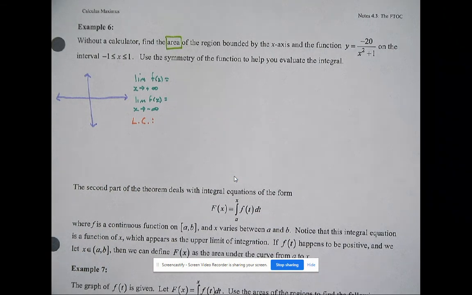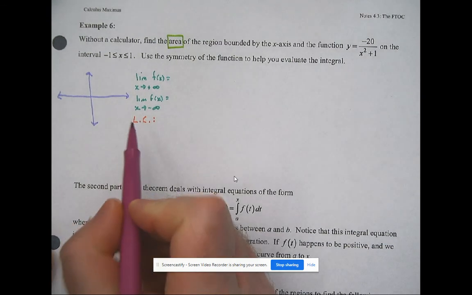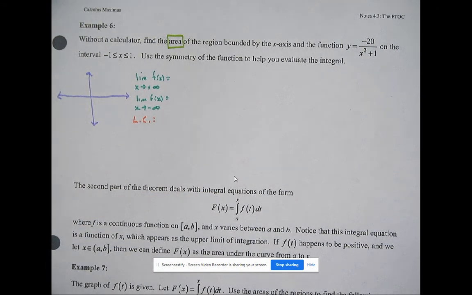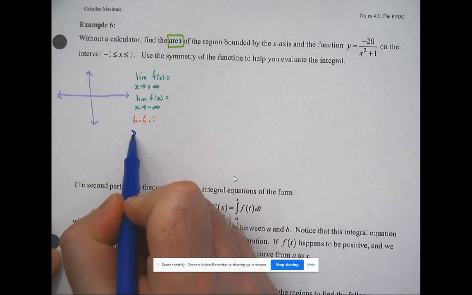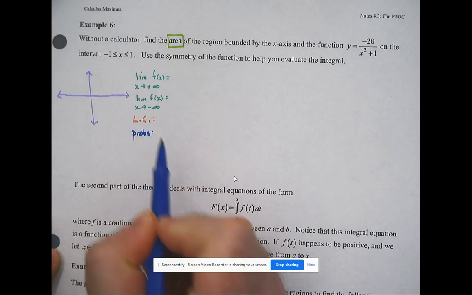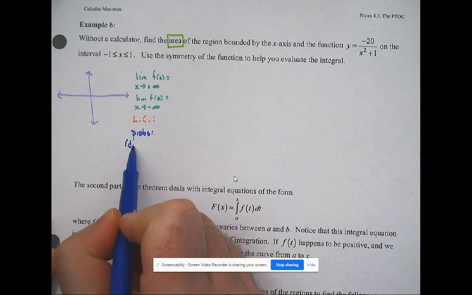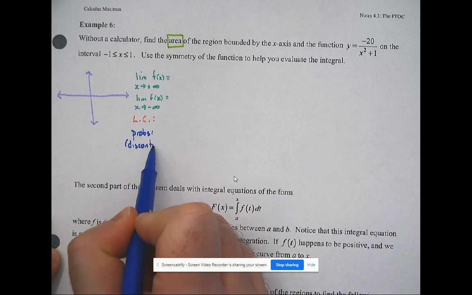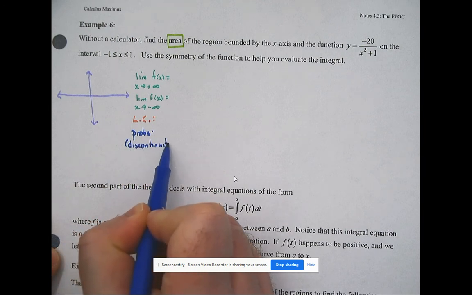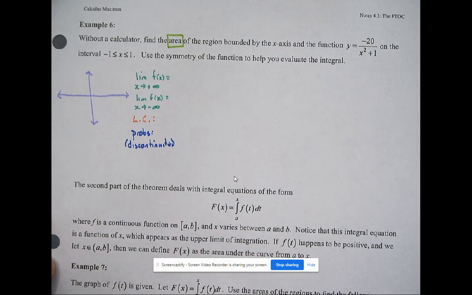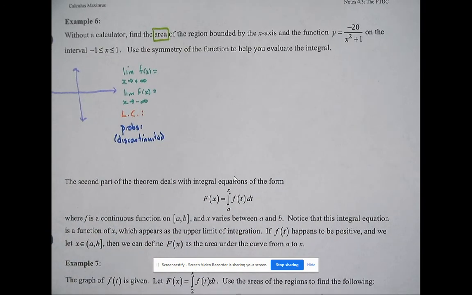I'm going to encourage you to find any problems. Let me get a different color here. Problems, or I probably should say discontinuities.